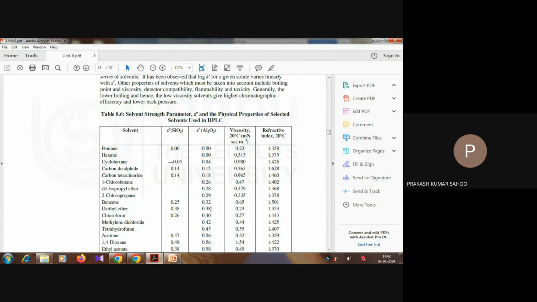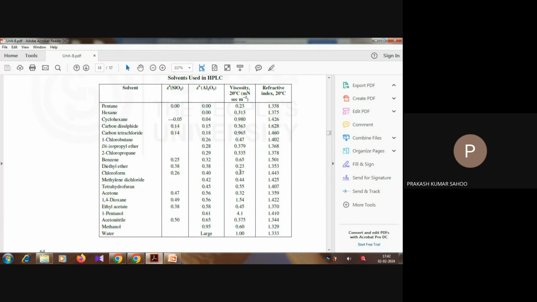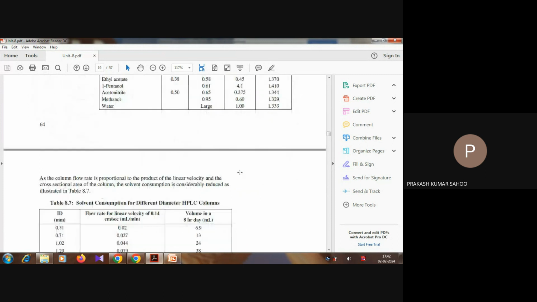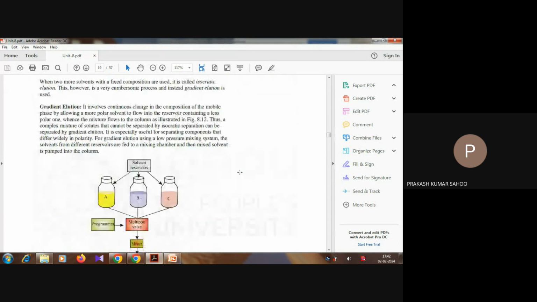So then we have some solvents with this adsorption chromatography, that is the strength of the solvent. We have some physical properties. Solvent strength parameters are given here with viscosity and refractive index.